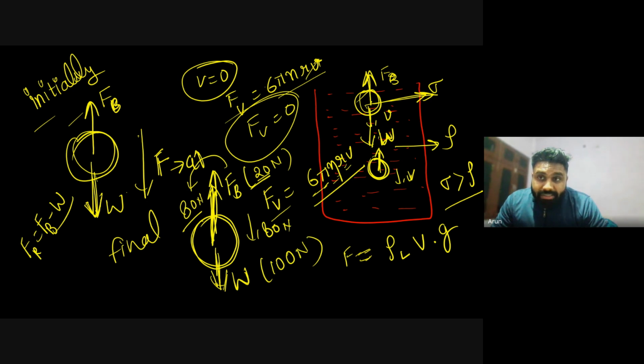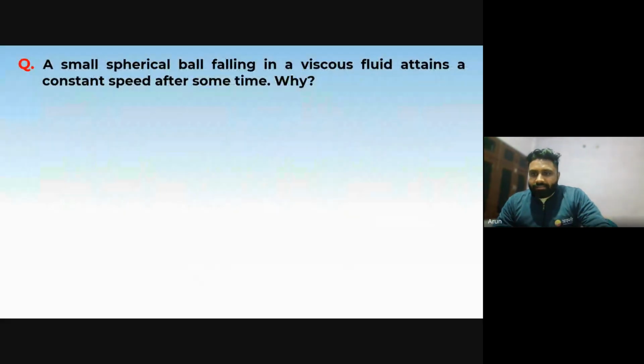And that velocity is the maximum velocity that a ball or any material can achieve inside a fluid. उससे ज्यादा तो नहीं हो सकता. So that is why this velocity is called terminal velocity. Got it? I hope you are clear with this.